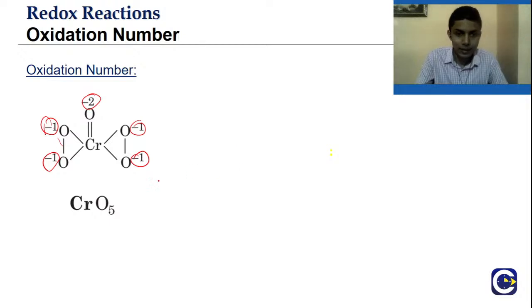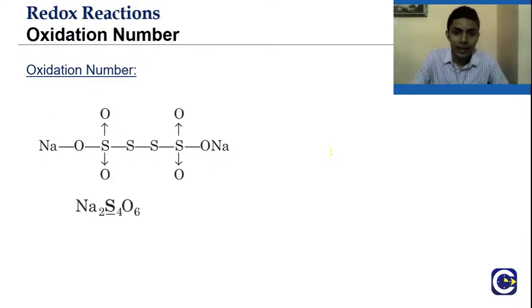Very good. It's 6, because when this breaks plus 1, such 4 things are there. So 4 into plus 1. Now I'm moving a little fast. And when this breaks, plus 2 minus 2. So it is plus 2, which is 6. 4 into 1 plus 2, which will be 6. Okay. Yes. Here, what will be the oxidation number?